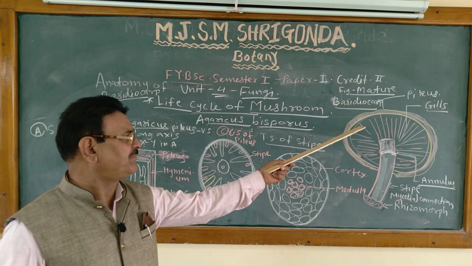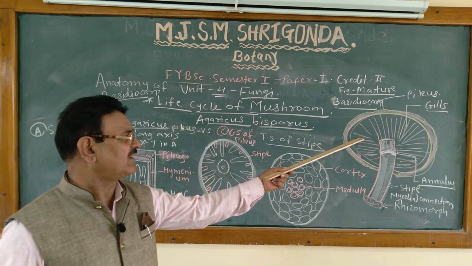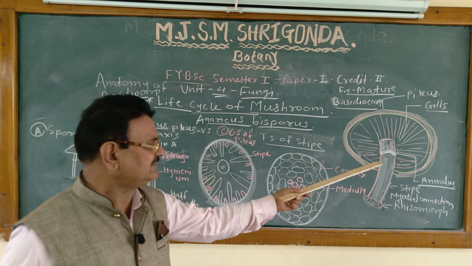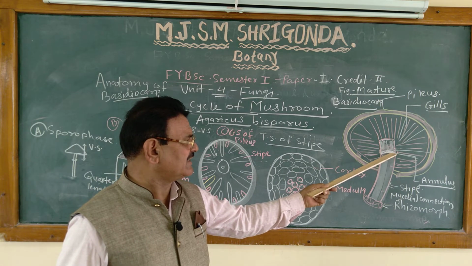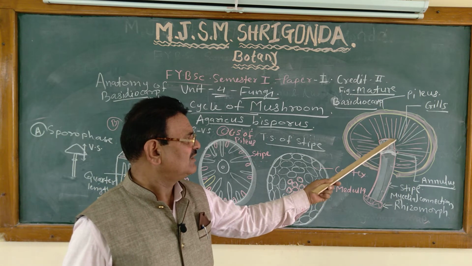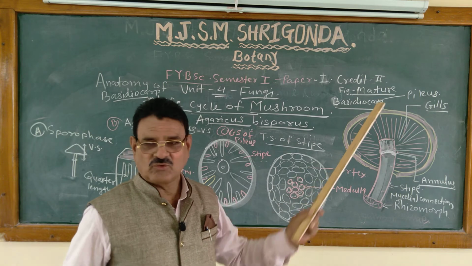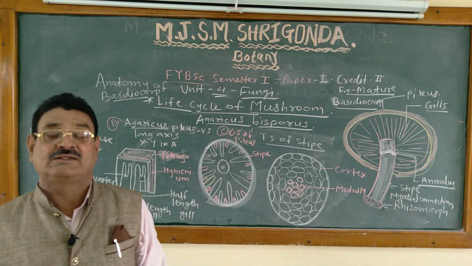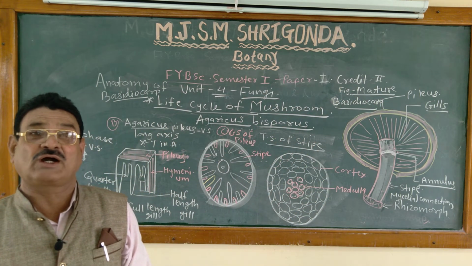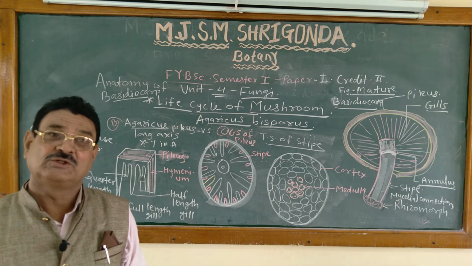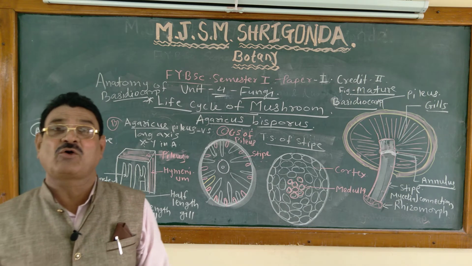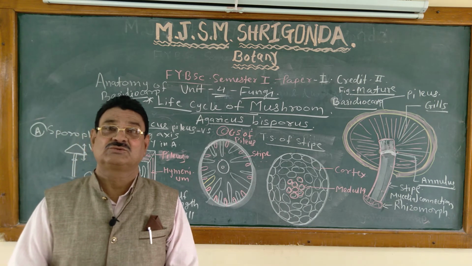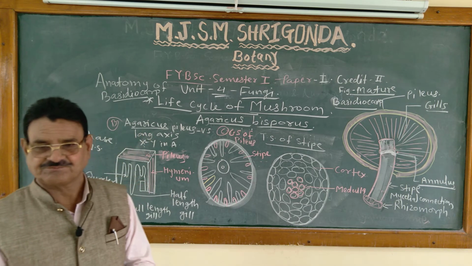This is the annulus or annular ring of stipe. This is the pileus, and the mature basidiocarp or fruit body of mushroom shows umbrella shaped structures.